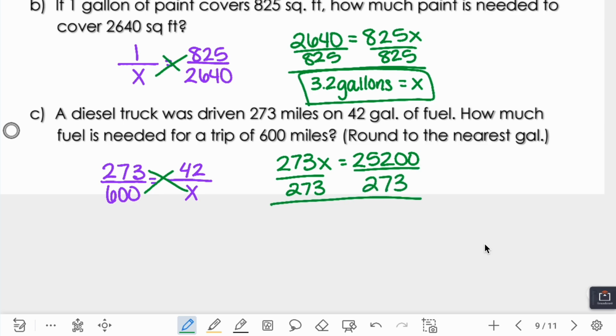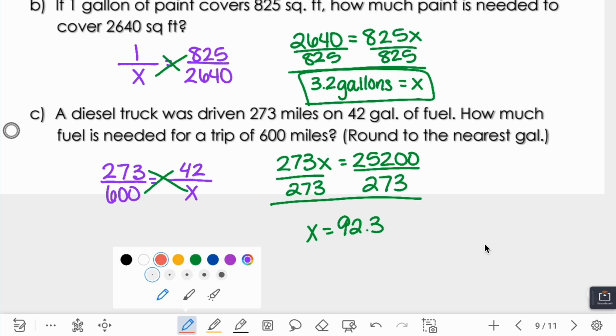And for this one, x is about 92.3. It does say that we need to round to the nearest gallon. So we're going to do 92, because we're going to round down, 92 gallons.